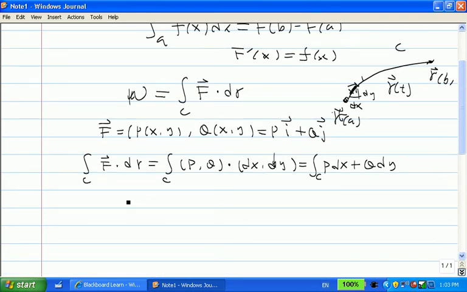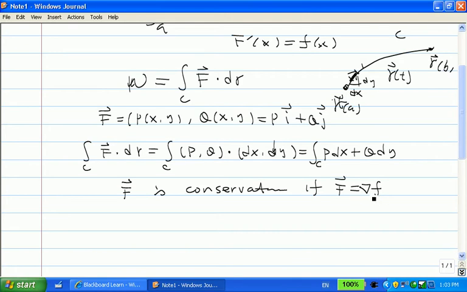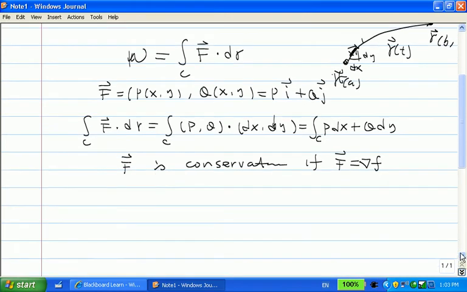We say a vector field F is conservative if F can be written as the gradient of small f, where small f is a scalar function. Let me give you an example. What do we mean by that?